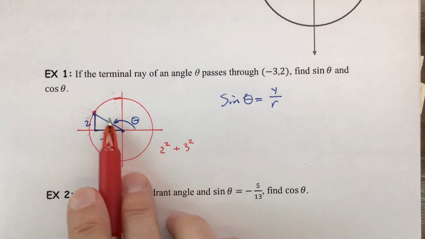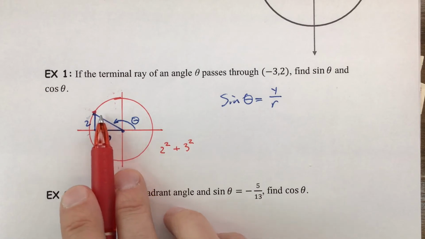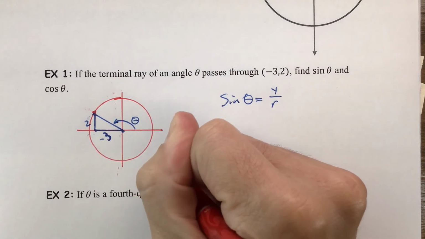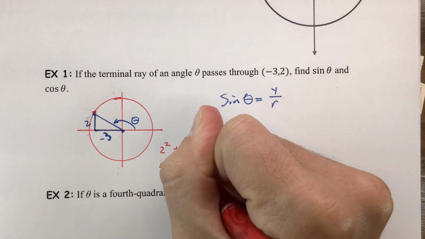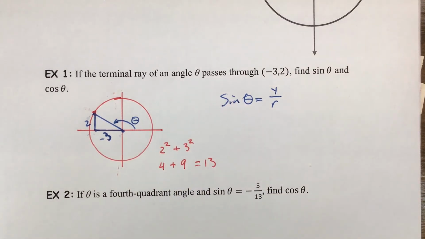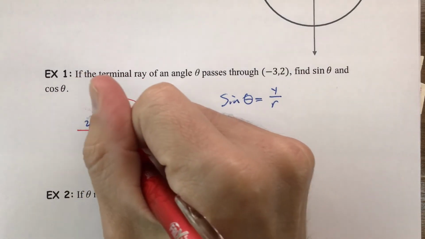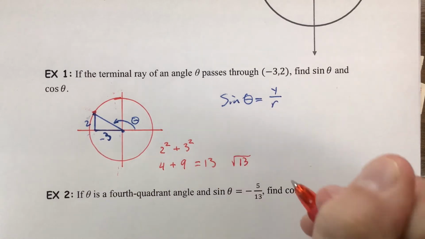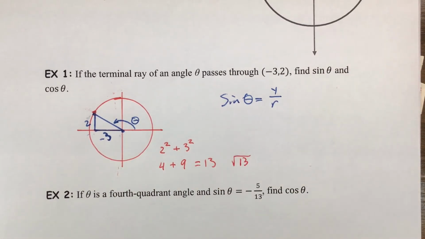But for figuring out the hypotenuse or radius, you can just drop the negative because it becomes positive when you square it. So 2 squared is 4, 3 squared is 9, together that gives you 13. The radius is not 13, it's equal to the square root of 13.